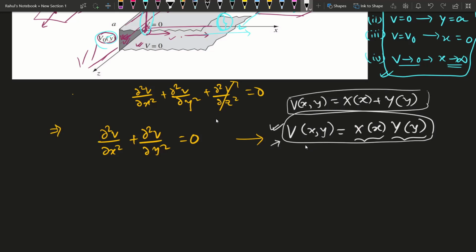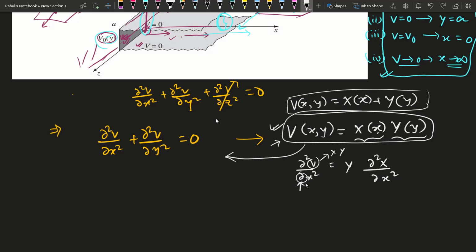Now if we put this in this equation, then you can easily understand what del square V upon del x square will become. I can write V as X into Y, where capital X is completely dependent on small x, and capital Y is a function of small y only. This will be capital X differentiated by del x square, and Y will be taken outside because this is a partial derivative.